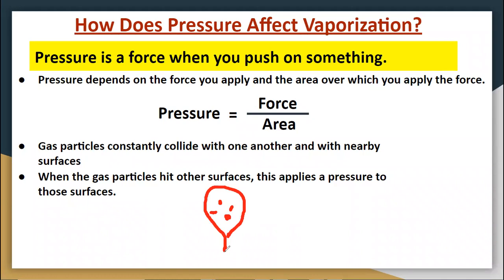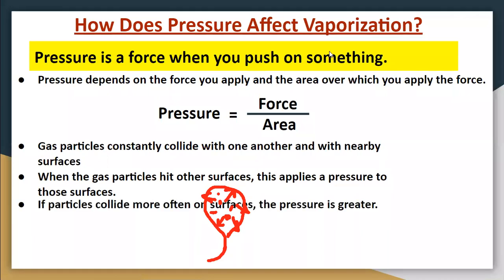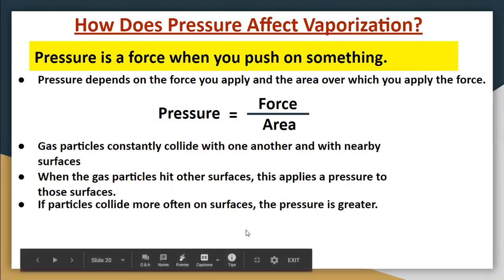There's your balloon. Gas particles. So those gas particles are applying a pressure to the outside of the balloon as they collide and bump each other. They're also hitting the edges of the balloon. So they're applying a pressure to it. Okay. If particles collide more often on a surface, the pressure is greater.